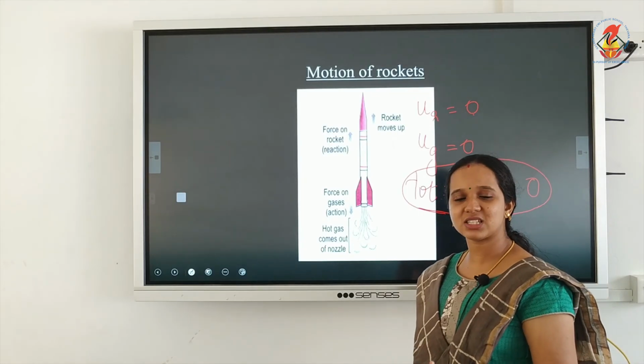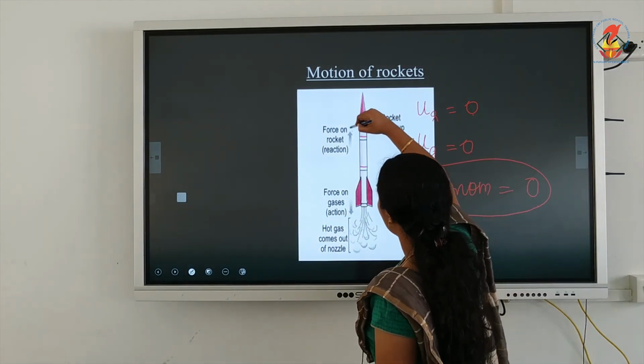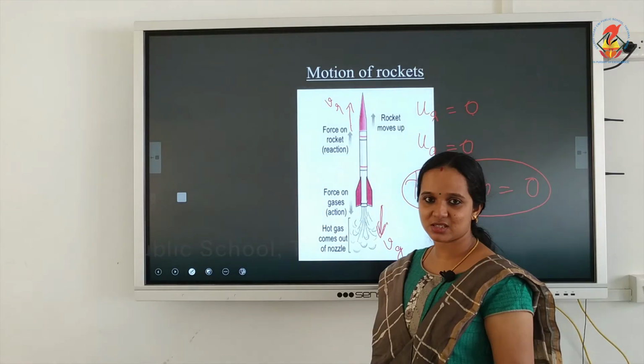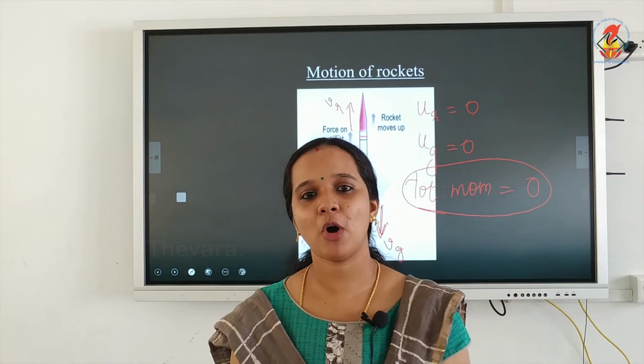Now, when the rocket starts moving, the rocket is moving up with a velocity Vr. At the same time, according to Newton's third law, the burning gas will come out with a velocity Vg in the downward direction. So their opposite velocities help them to conserve linear momentum.